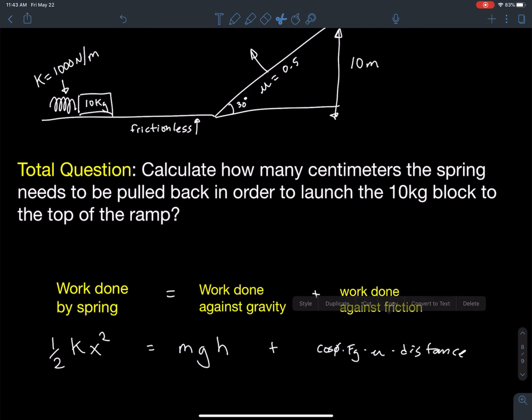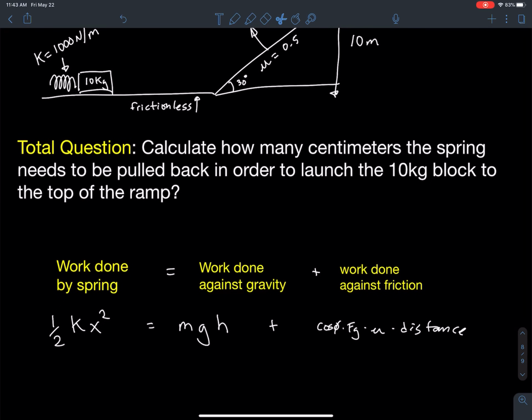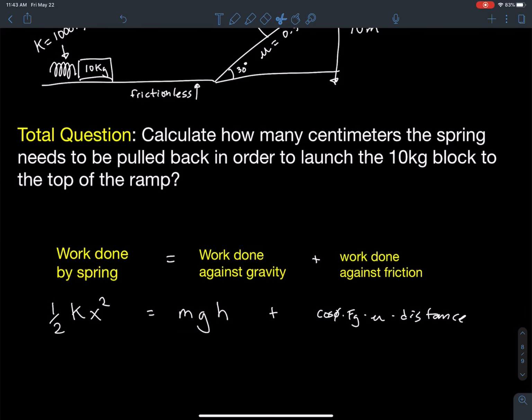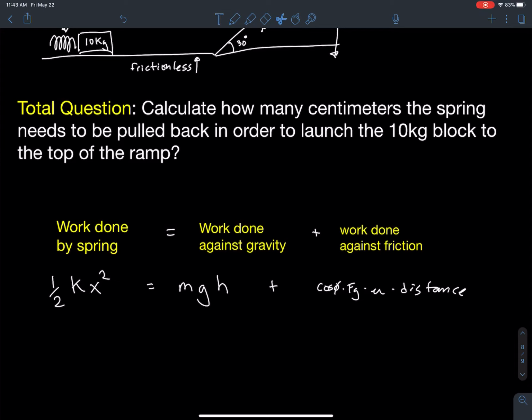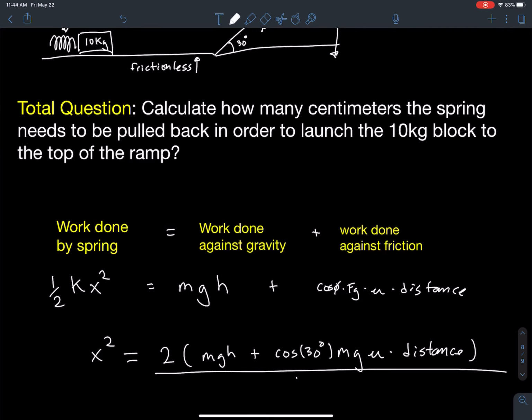With all that, now we have all the algebra ready to do the plugging in. If we're trying to solve for x, let's move everything over. So x squared is equal to 2 times mgh plus cos 30 degrees times mg times mu times distance, divided by k.